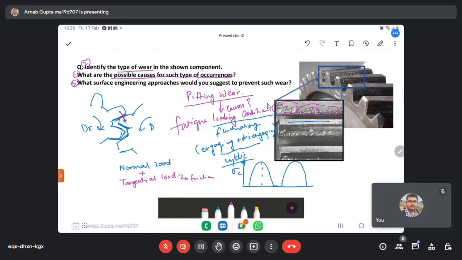If you just look at this portion here, as these gears are rotating, at this point there is relative sliding between these two surfaces, and this happens at pretty high speeds.